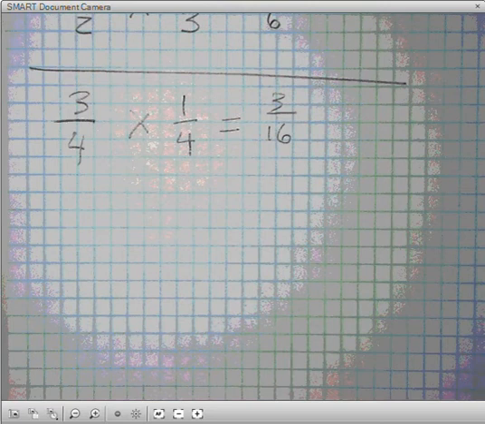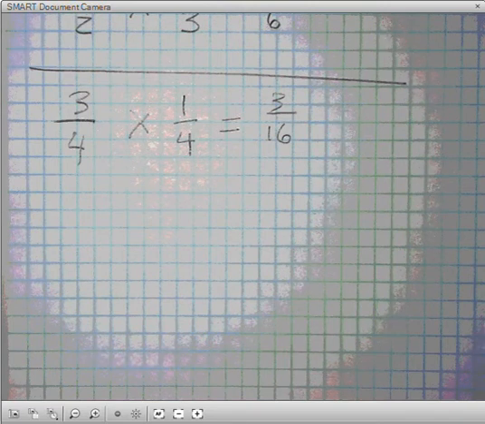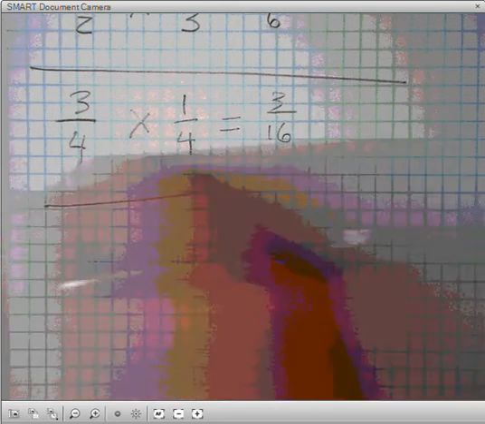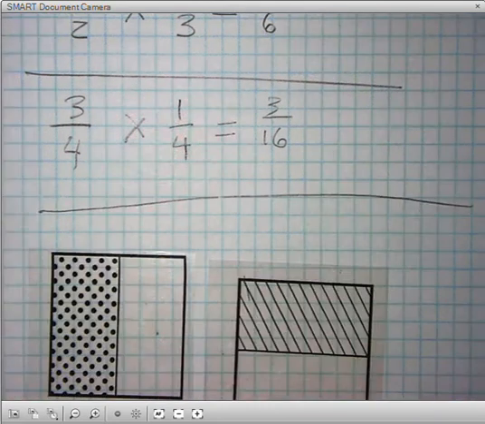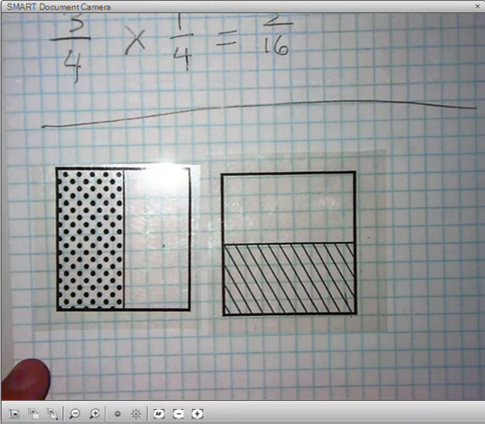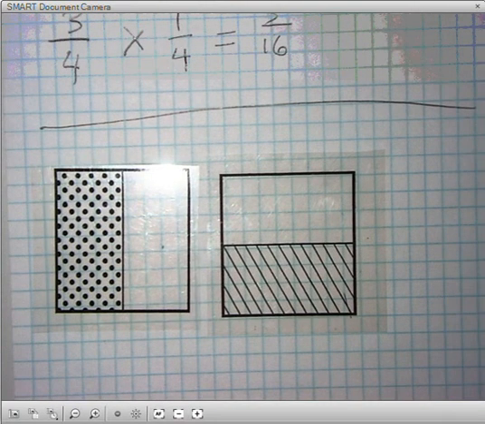Let's try to do this a little bit different way. What if we do this? What two fractions are being multiplied together? Don't yell out.